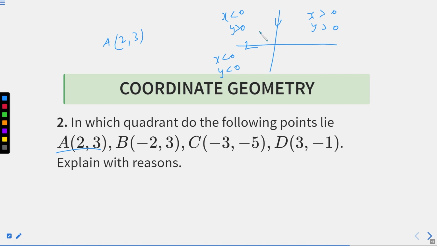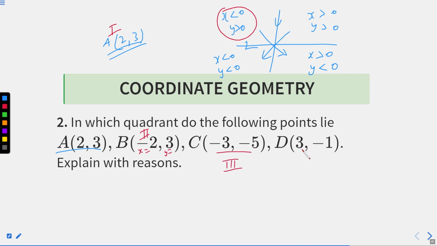Here x is positive, y is negative. For A, x and y are positive, so the quadrant is the first quadrant. Now for this, x is negative and y is positive, so the second quadrant. Both negative means the third quadrant, and x positive and y negative is the fourth quadrant.